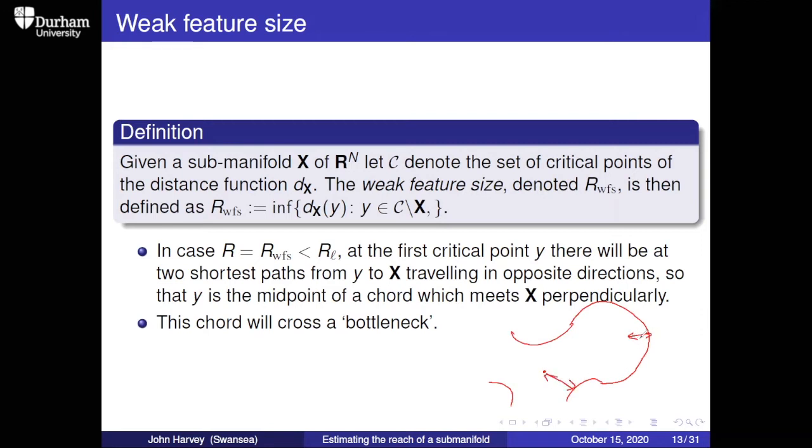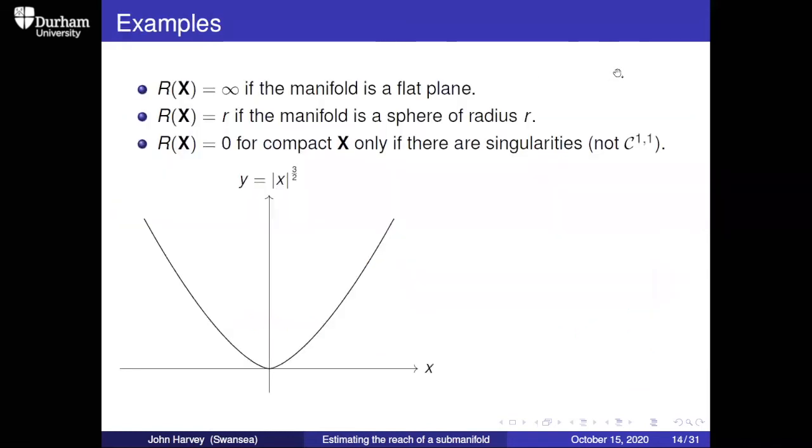Okay? You end up with curvature being the most important thing and not this 3-way bottleneck structure. So if a bottleneck gives you the reach, it will always be a simple bottleneck like this. Okay, so that is all the definitions we need.